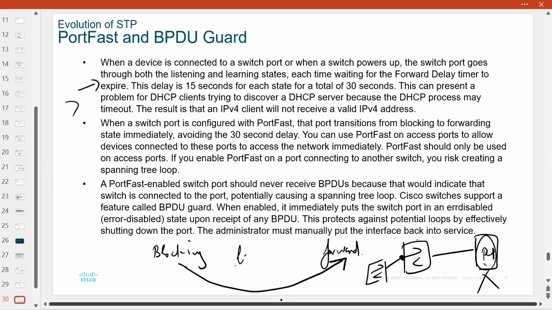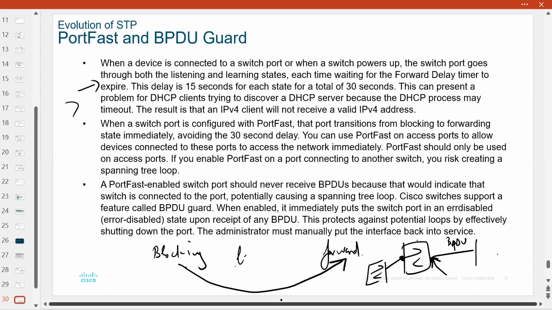Now that you have configured the port as PortFast, it means that normally that port should not receive a BPDU. A BPDU is probably mostly from an attacker. So an attacker can come and remove your PC and connect their own switch, on the port where you configured PortFast.